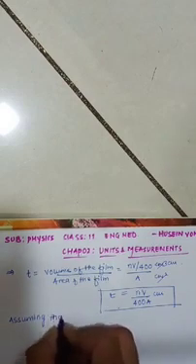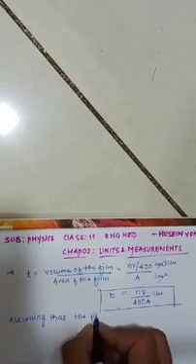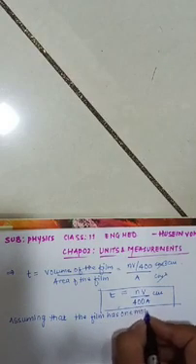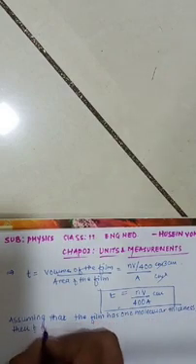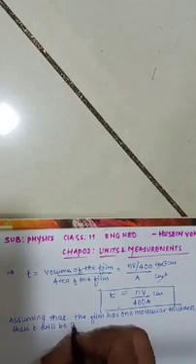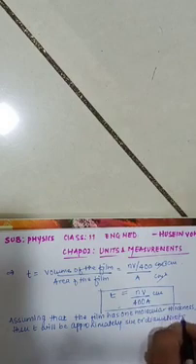Assuming that the film has one molecular thickness, then t will be approximately the size or diameter of a molecule of oleic acid.